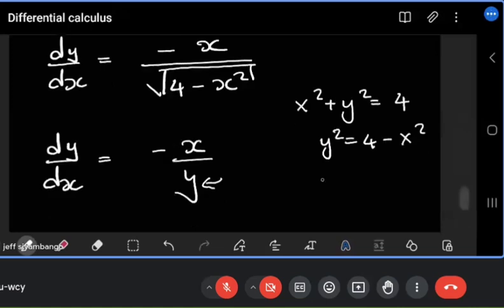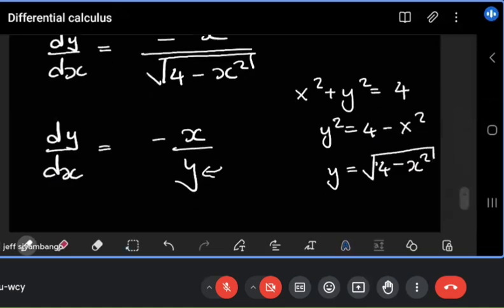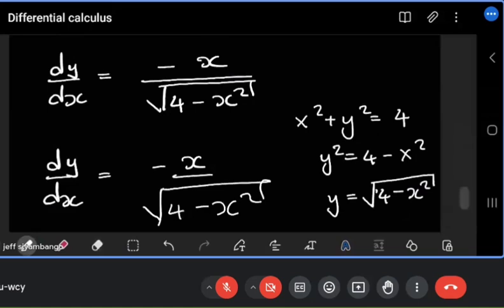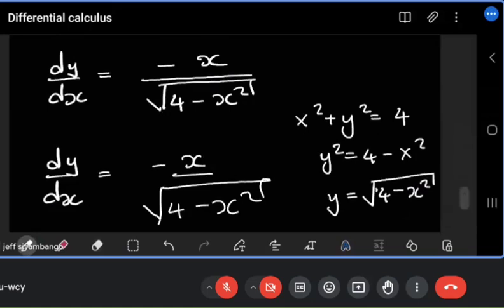And we saw that we ended up with y being equal to the square root of 4 minus x squared. So that now, if we were to put where there's y, if we were to put its equivalency, notice that now we get the two expressions to be exactly the same. So we conclude that whether we do it implicitly or explicitly, we get the same answer.